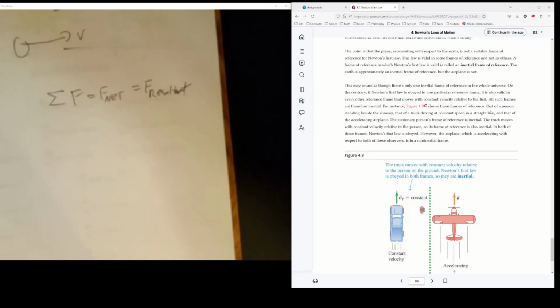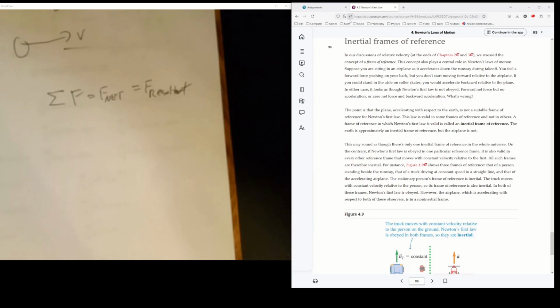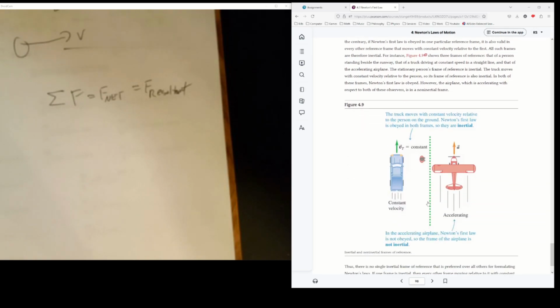In this last picture, this is something that we're not going to deal with in homework problems at all. It's just something they're throwing out there. They're talking about inertial frames of reference: your frame of reference is either constant, like they're showing with the car, or it's accelerating, like the case with the plane. We had to do other things for Newton's laws in an accelerating frame.